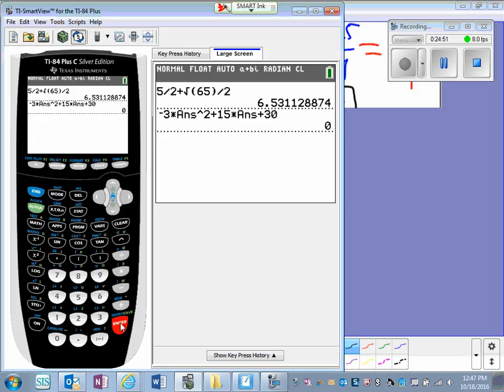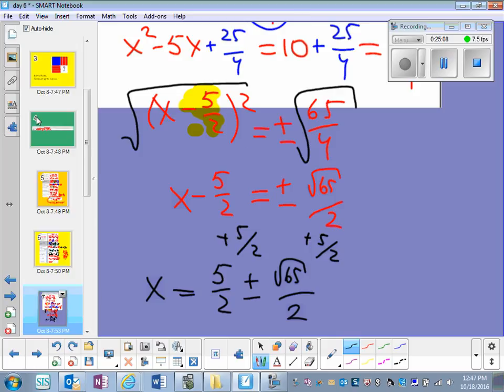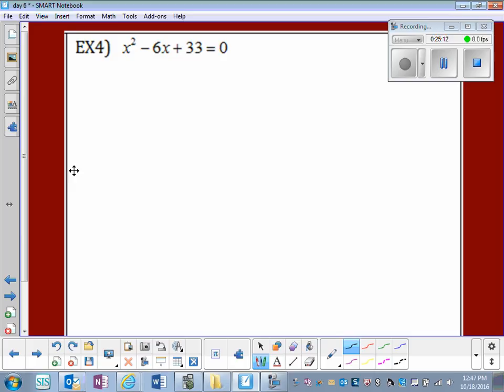Questions? Who is lost? How many people are completely lost? Maybe you're not really lost. 3, 4? Not really. It's like you understand what's going on, but not at the same time. Try to use, whenever we do these steps, go back to the table with the steps.